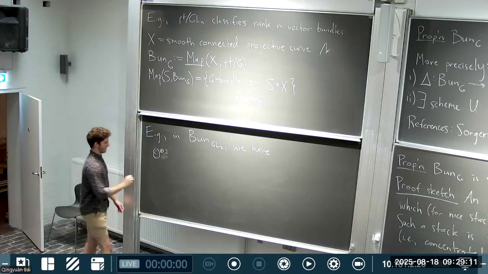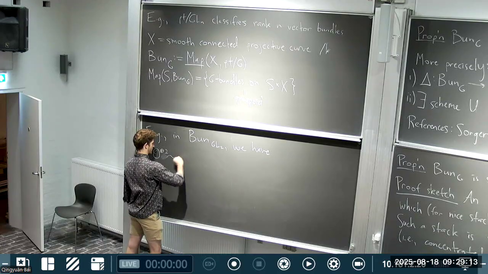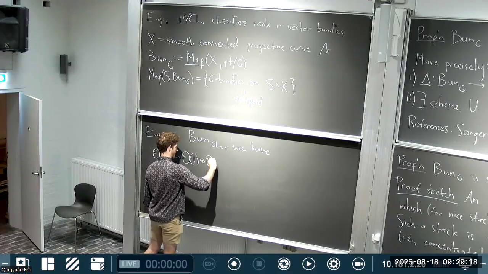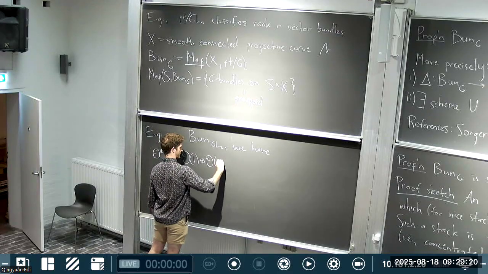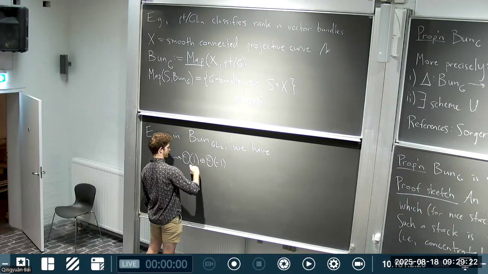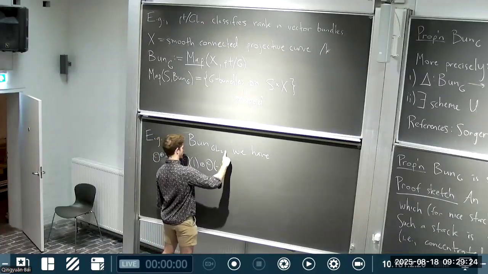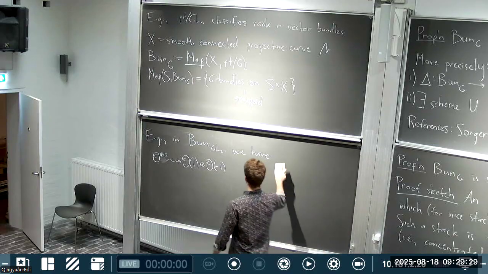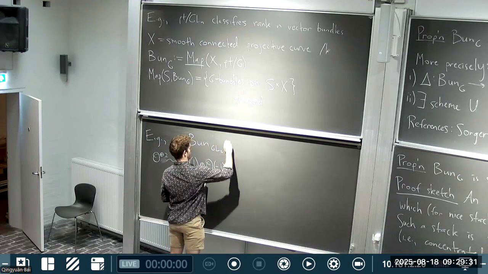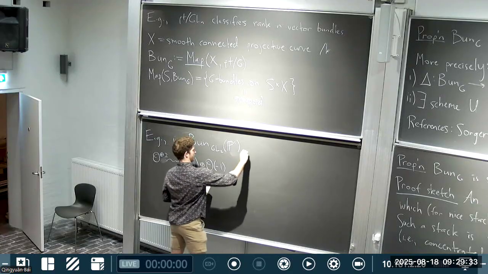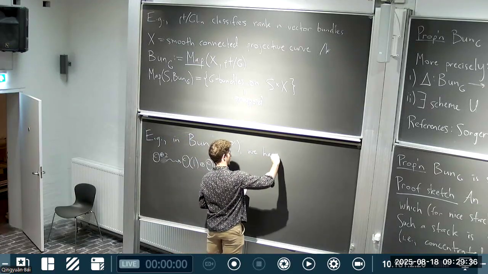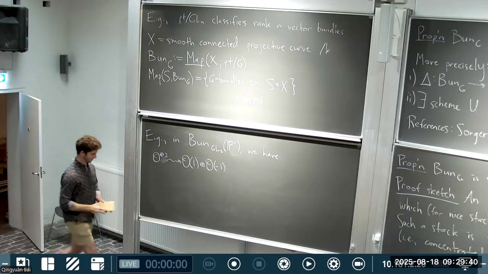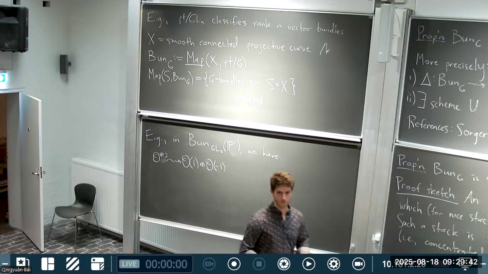And this actually specializes to the rank 2 vector bundle O of 1 plus O of minus 1. For simplicity I'll just do P1, but it's not hard to generalize this to an arbitrary curve. I'm just assuming it's the projective line, so I can write O of 1 and things like that. But in general, you can take O of a point X or something.